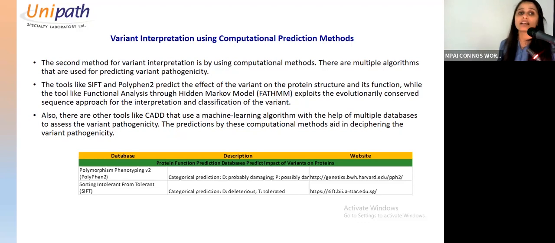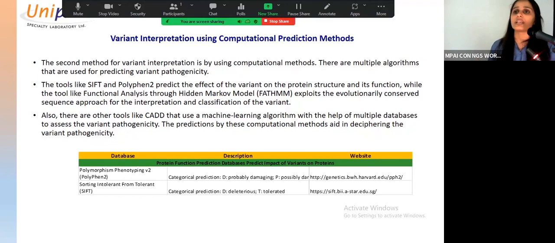It has to be combined with other criteria because this is all in silico. It's just a prediction. It's not something which is observed, and prediction might be wrong. When you use in silico prediction tools, some of them will show it's benign, not disease causing, and some will show it as deleterious.